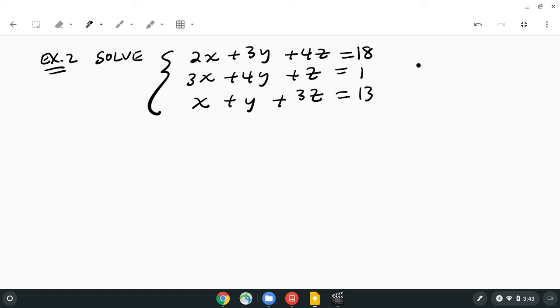Okay, so I will choose to eliminate the x's. So step 1.